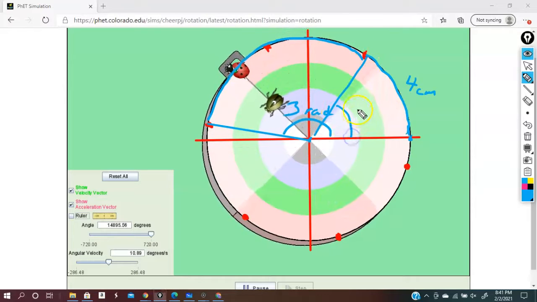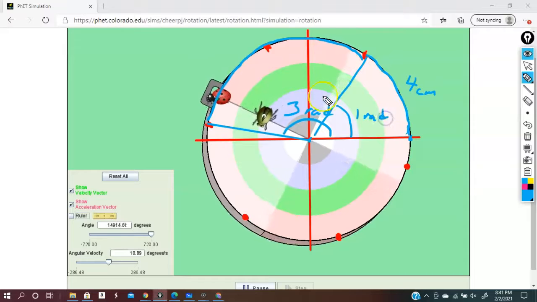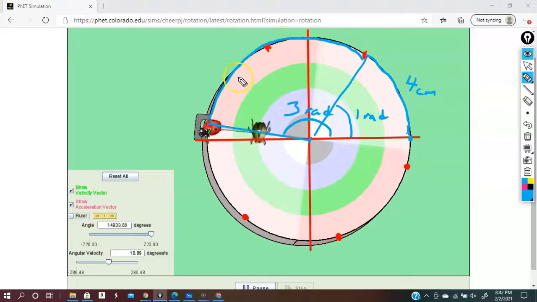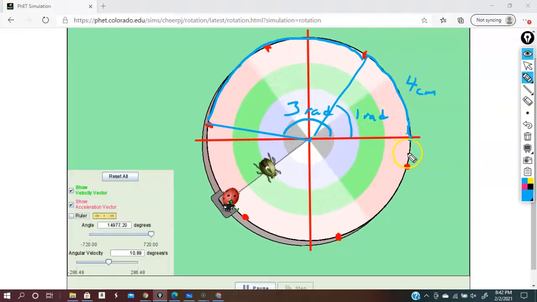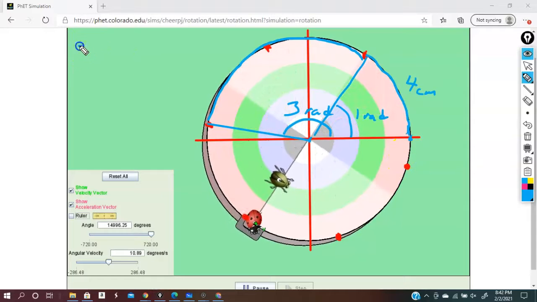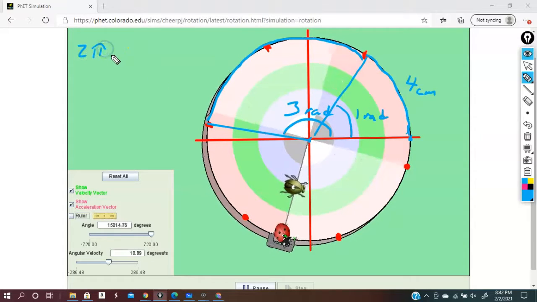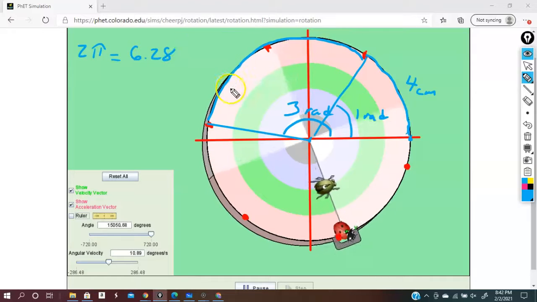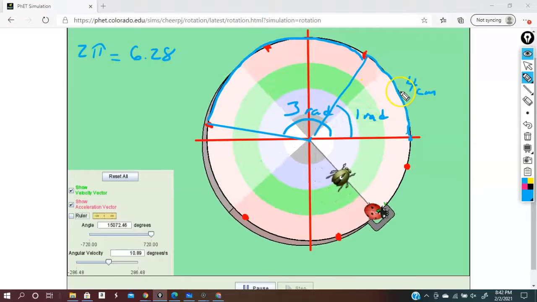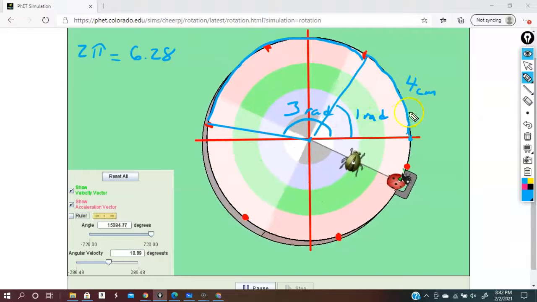Okay, right here, 1 radian means that you would travel 2 pi radians all the way around the circle. 2 pi equals about 6.28. And so if you count how many radiuses there are, I've marked these out.